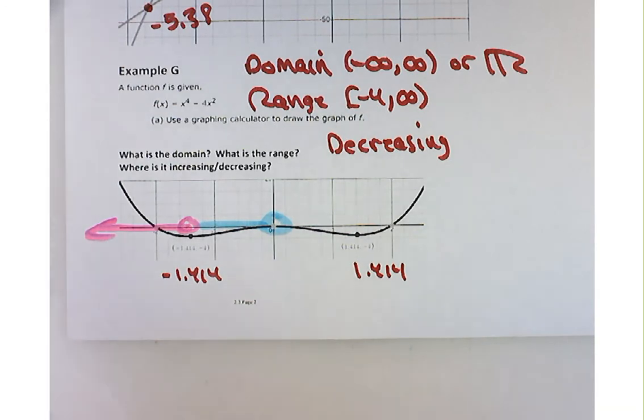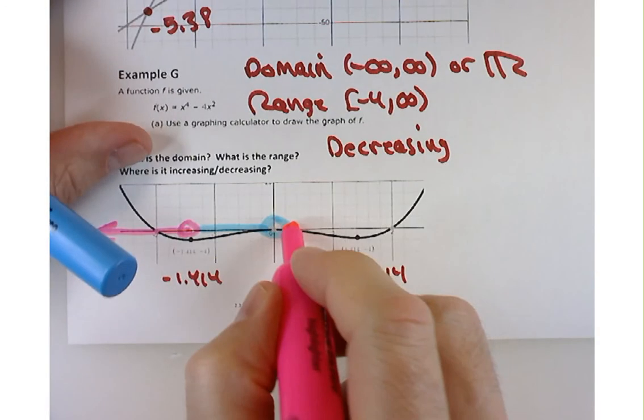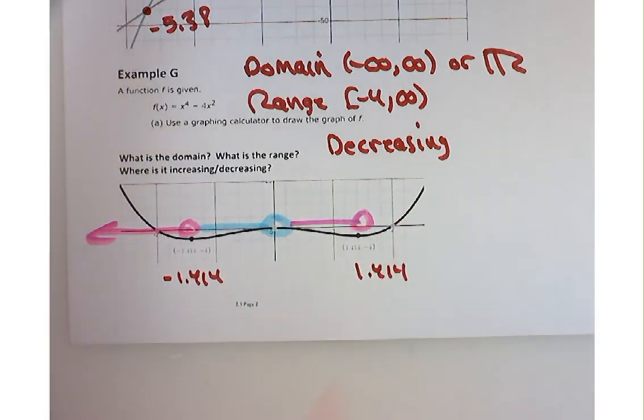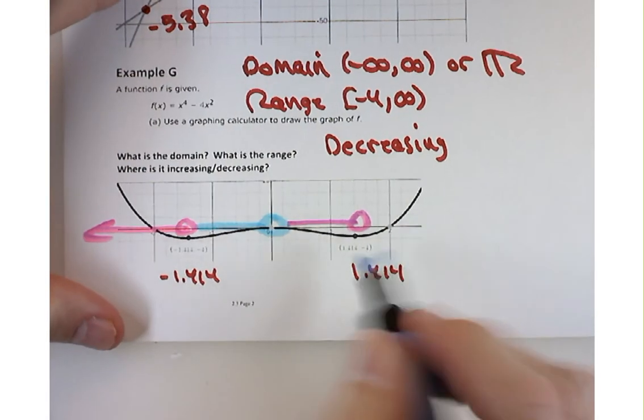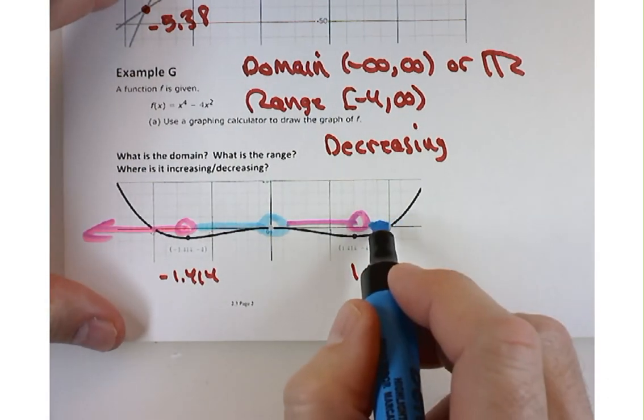And then it starts decreasing again until you get to this number. Now in calculus, you'll actually learn to find these numbers exactly. You might not recognize 1.414, but it's really the square root of 2.